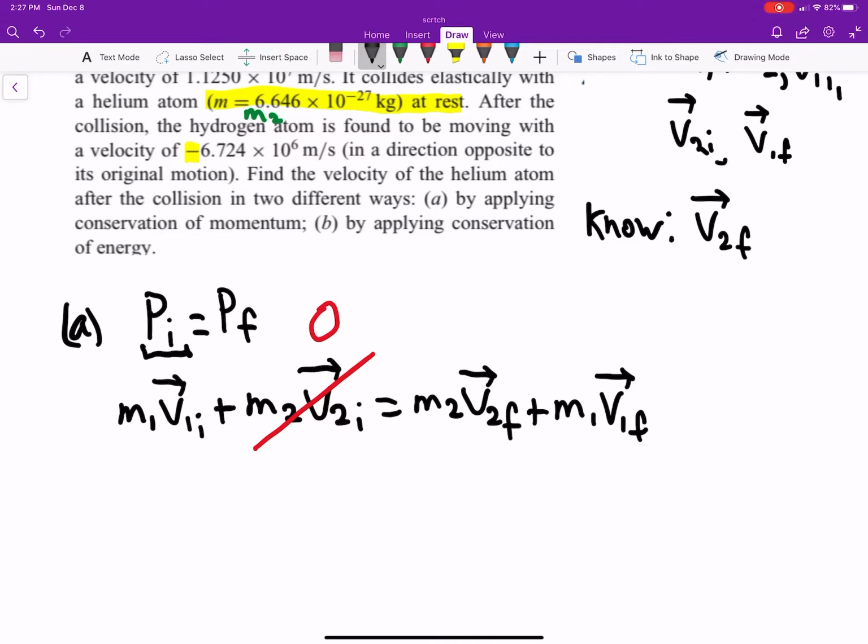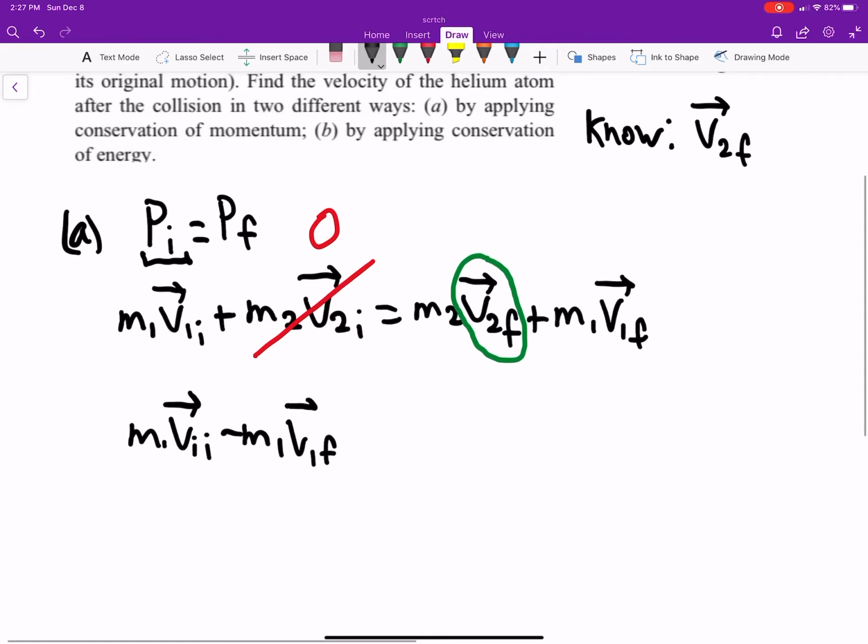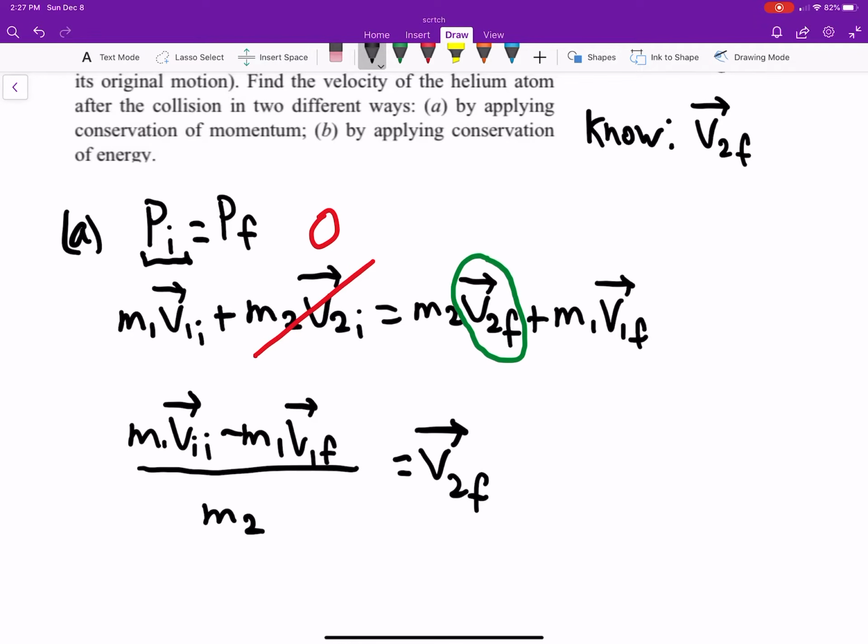Okay, so now that we know that this is what we want to solve for, all we have to do is isolate it because we know everything else. So we have M1 V1 initial minus M1 V1 final, all divided by mass 2 is equal to V2 final.